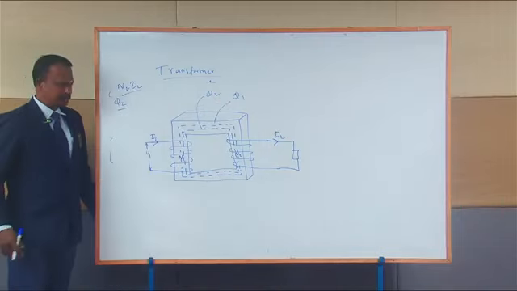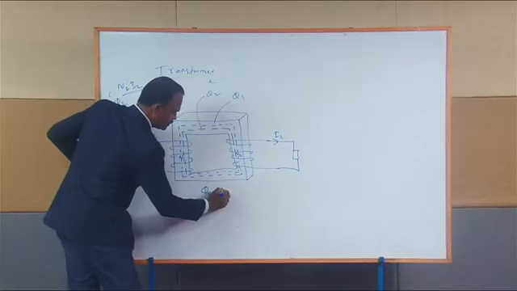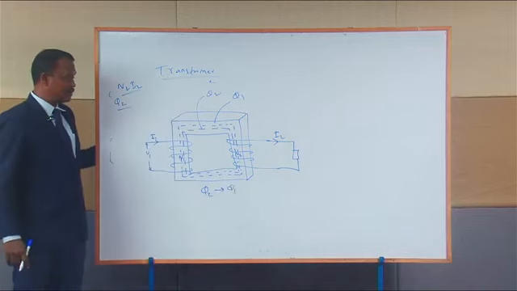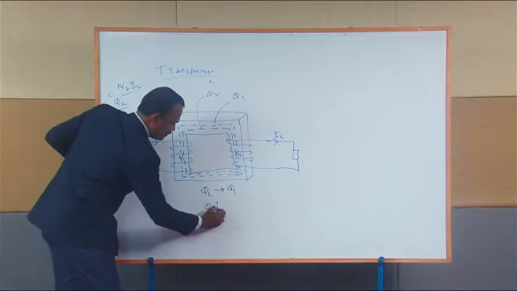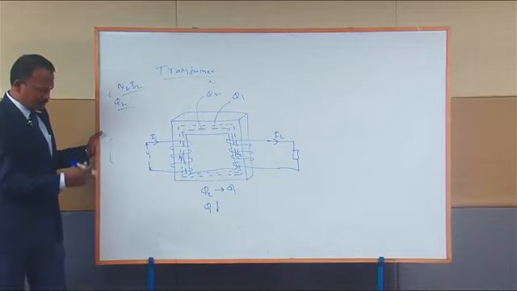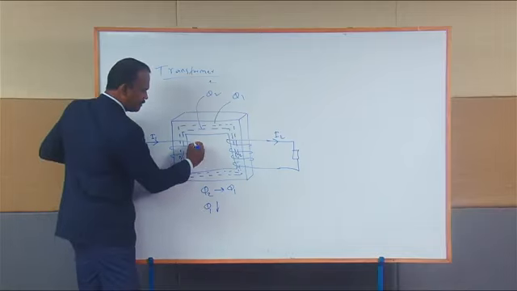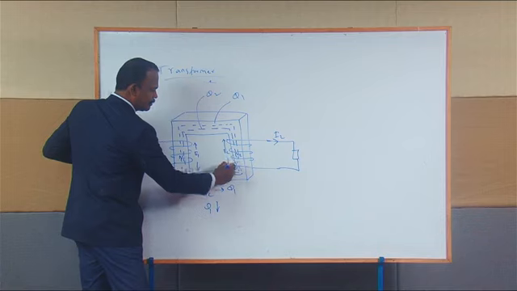What is the nature of the phi 2? Phi 2 directly opposes the phi 1. Due to this opposition, the value of phi 1 will get decreased, because phi 2 is directly opposing phi 1. When phi 1 value is decreased, we know that the induced EMF in the primary coil is E1, and the induced EMF in the secondary I call E2.